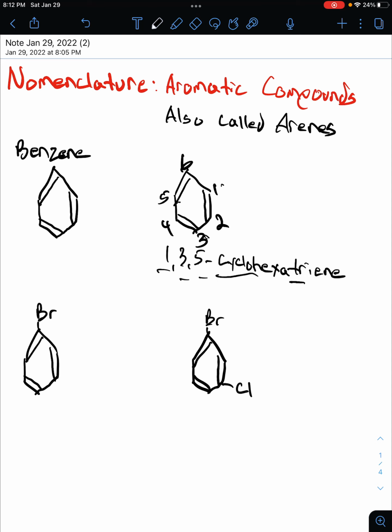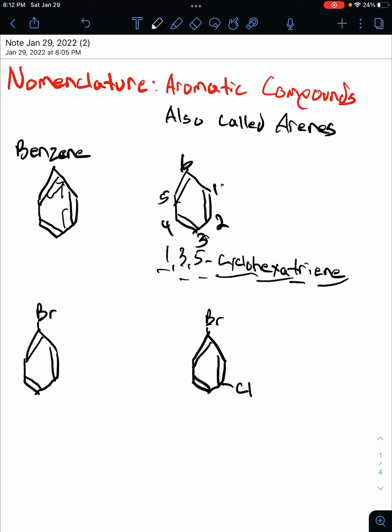It's a cyclo compound, it's got a 6 carbon ring, and it's got double bonds, which means it's an ene ending, E-N-E.